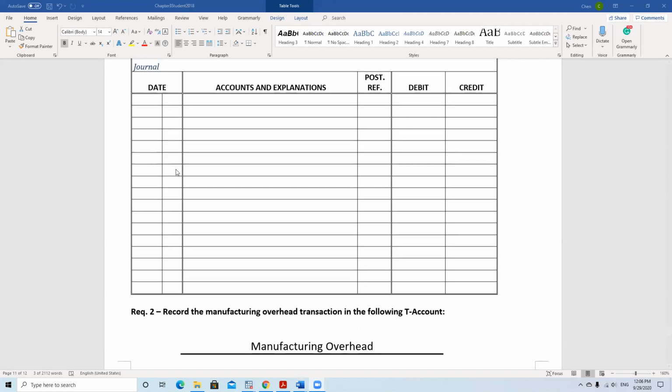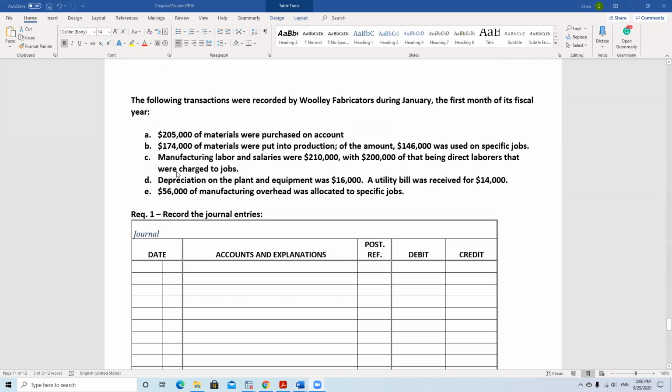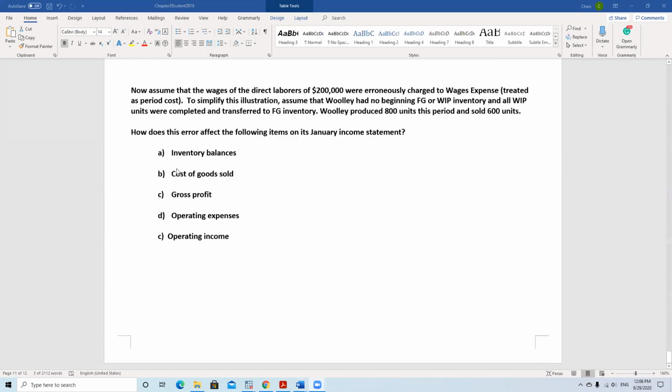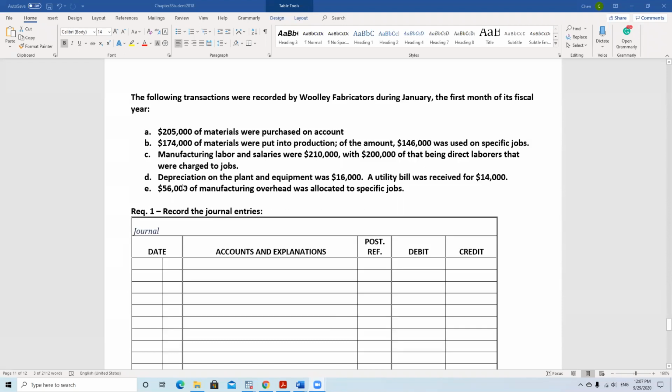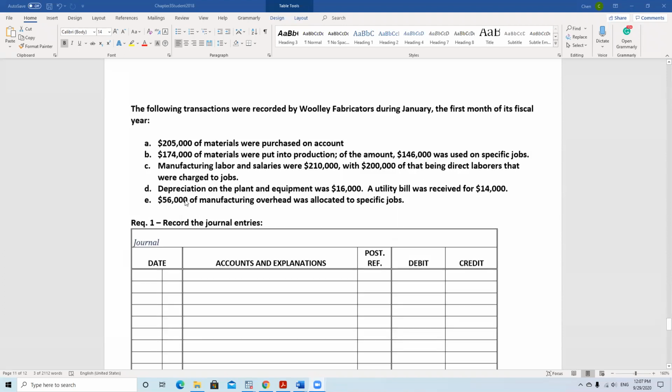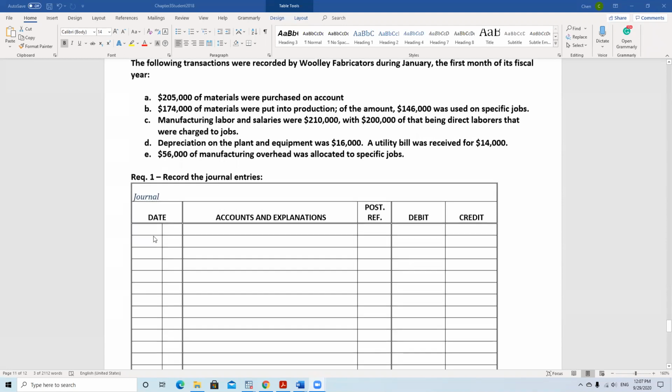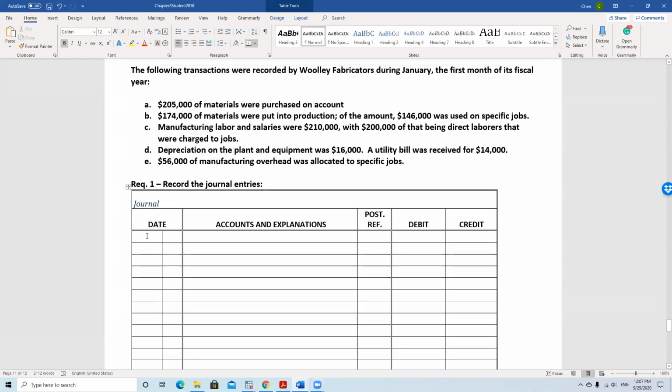I think I'm going to go over this last example just to help you understand what is going on. So just record journal entries, dates, A. I'll talk a little bit faster. If you watch the video, you can pause here and look at it in detail.